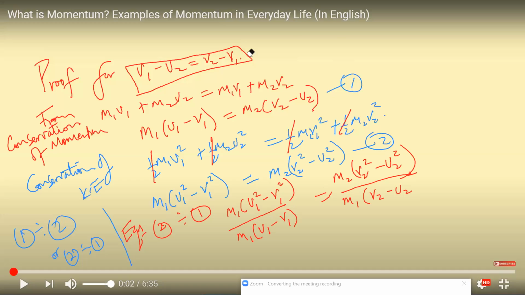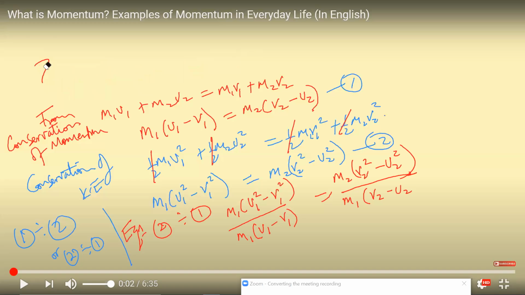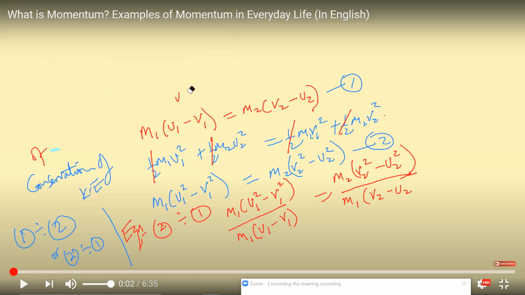What should I write from that step? You can see that this mass here cancels with this mass, even this one cancels with this mass.